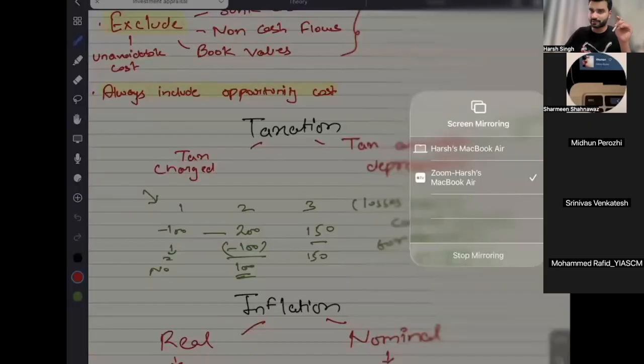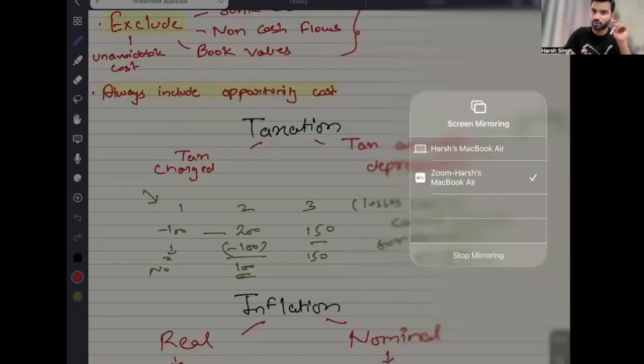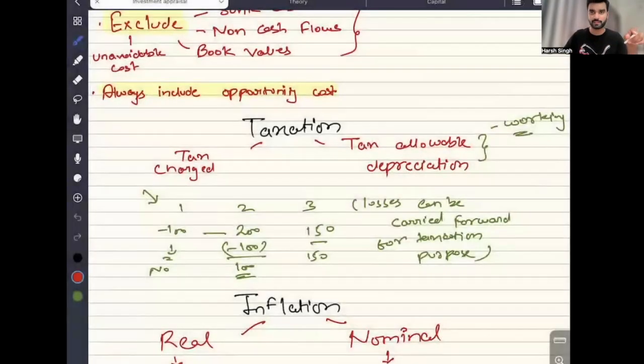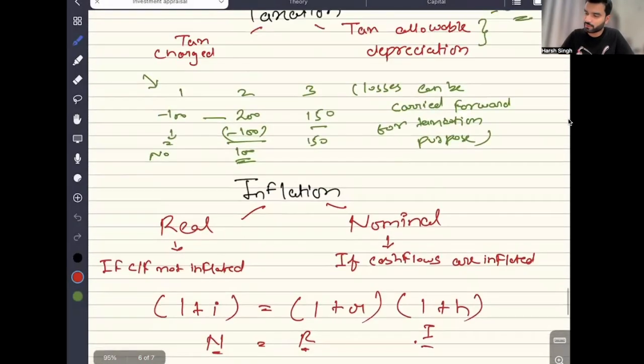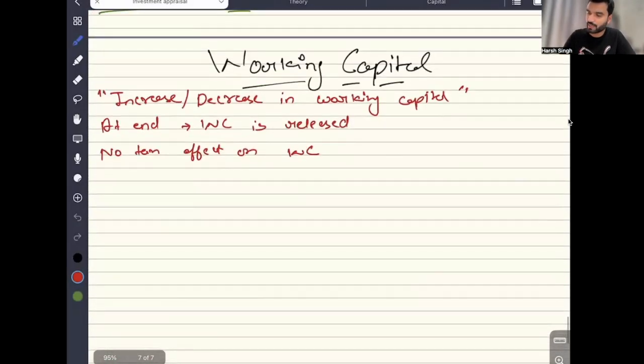In those questions, you will not do a working of tax allowable depreciation. Okay, so I'll write it down within taxation only as a note.